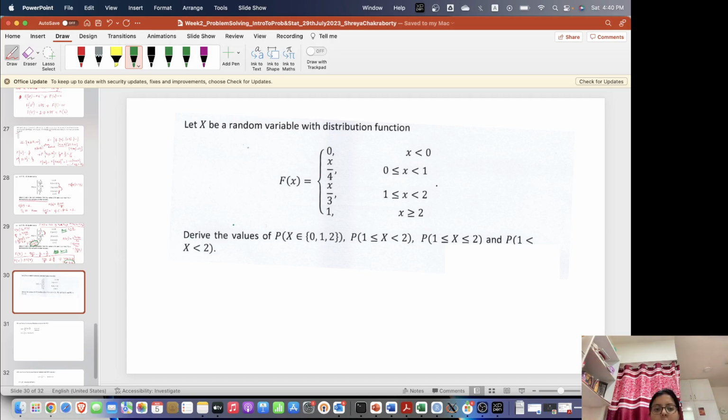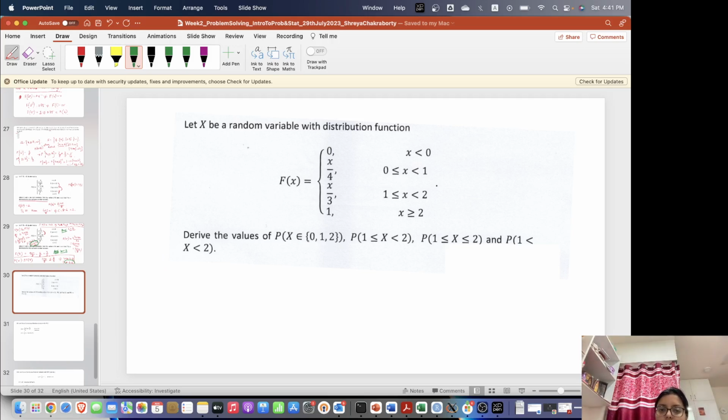Derive the value of the probability that x belongs to {0, 1, 2}. If you find something like this, how will you proceed?